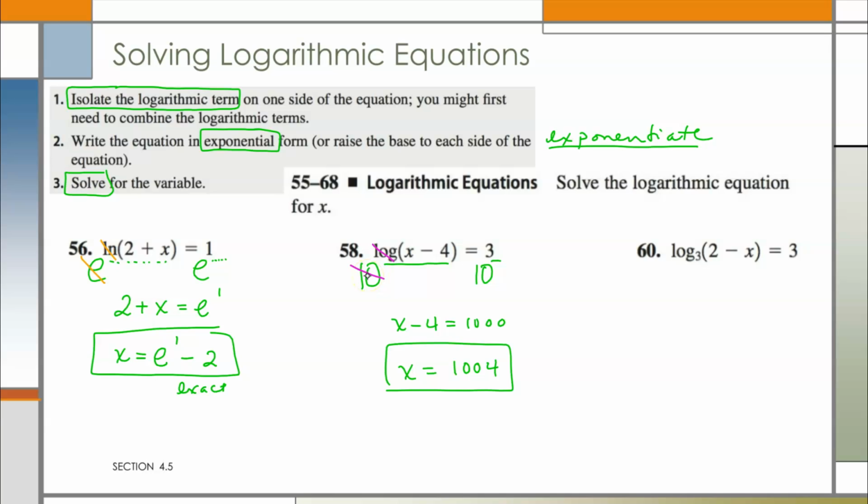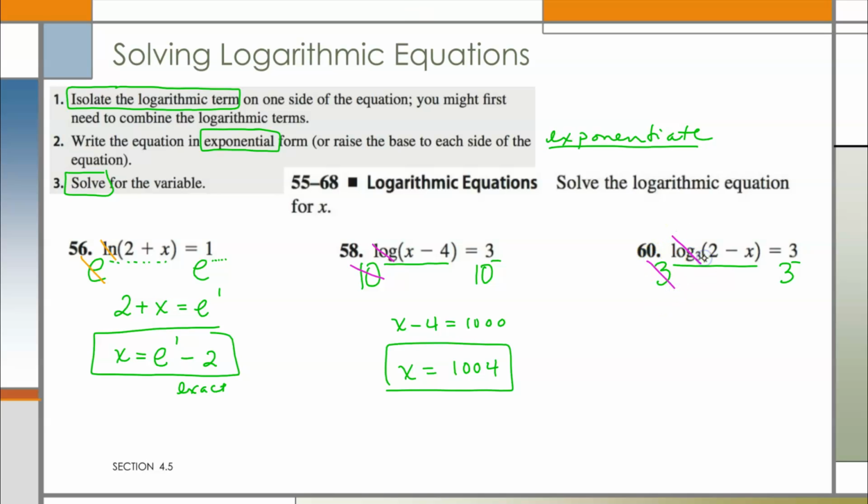For problem number 60, what base do we want to exponentiate both sides with? That was base 3. That's what's going to get rid of log base 3. So 3 is the base, and 2 minus x is the new exponent. We exponentiate, so this 3 is now the base. Okay?